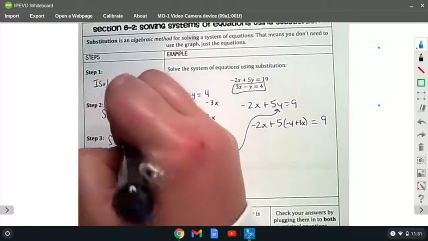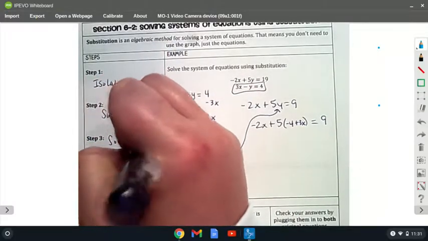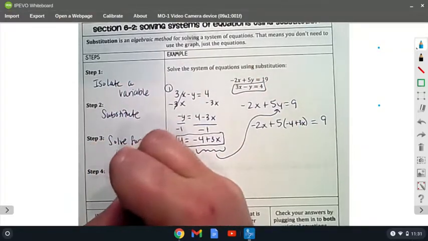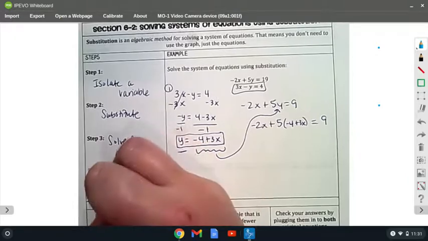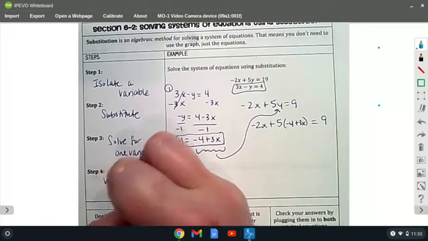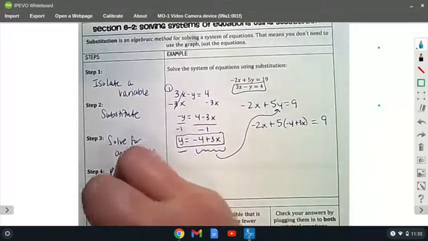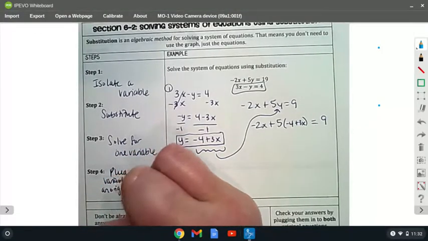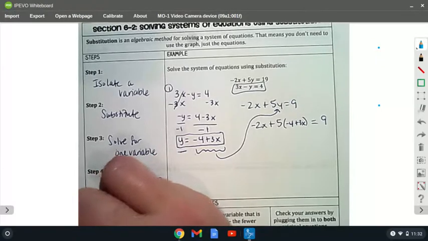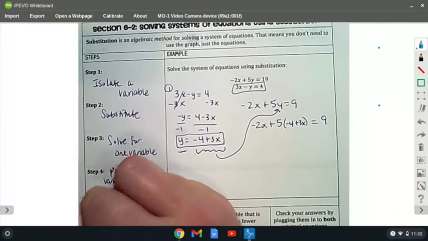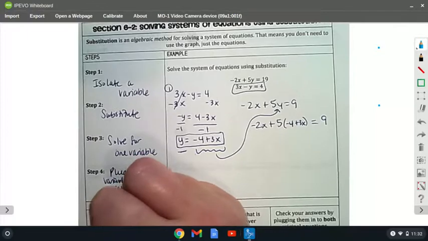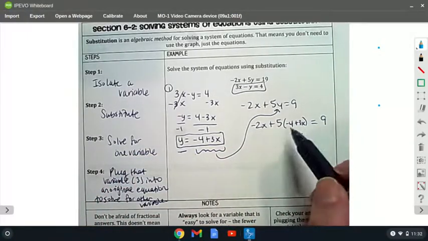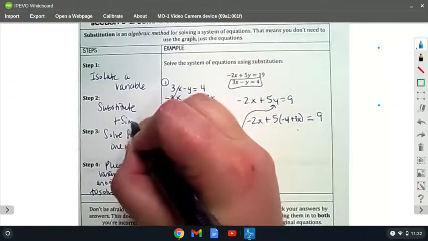Then I'm solving for one variable, and then I'm going to plug that variable from step 3 into an original equation to solve for the other variable. So I'm going to simplify this after I substitute. So substitute and simplify.